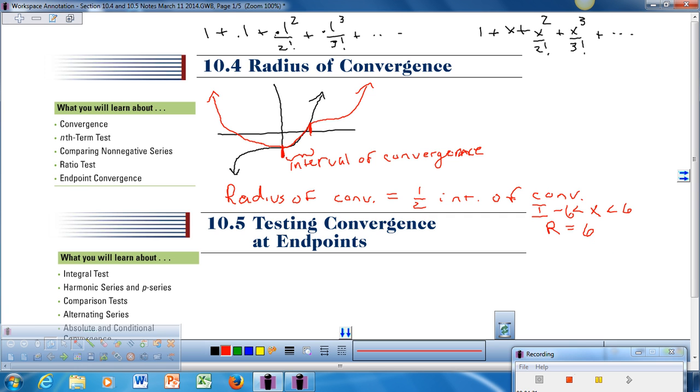All right. And when we're dealing with a power series, there's 3 possibilities of what could happen when we're interested in convergence or divergence. The first is that our radius of convergence is equal to 0. So if our radius of convergence is 0, what does that say about the series? It does not converge at all. It diverges.